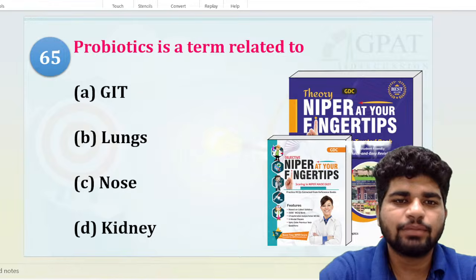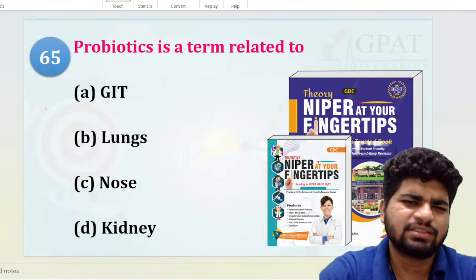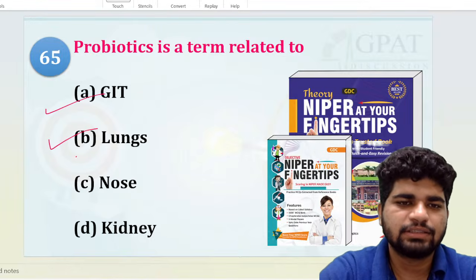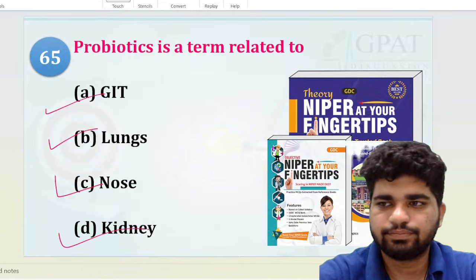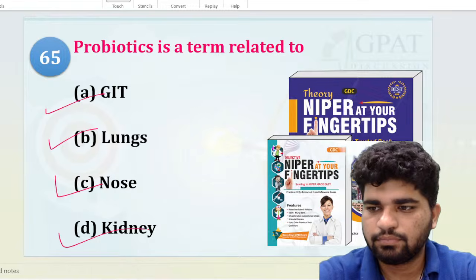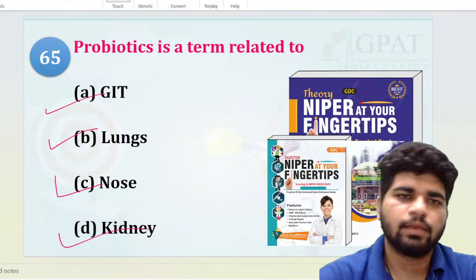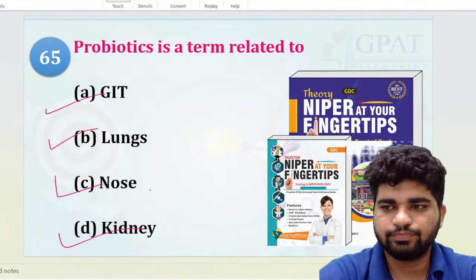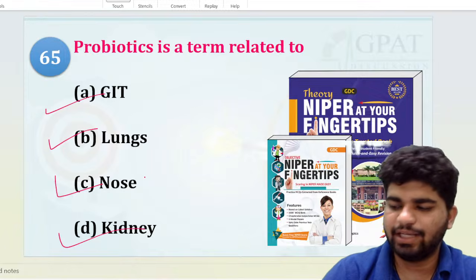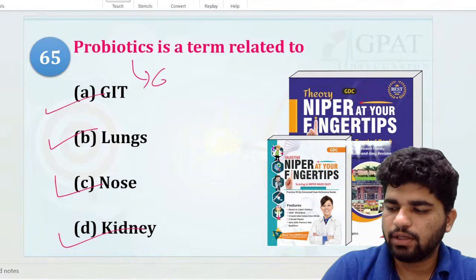Now, probiotics is a term related to GIT, lungs, nose, or kidney. Yes, probiotics is obviously related to gut health.